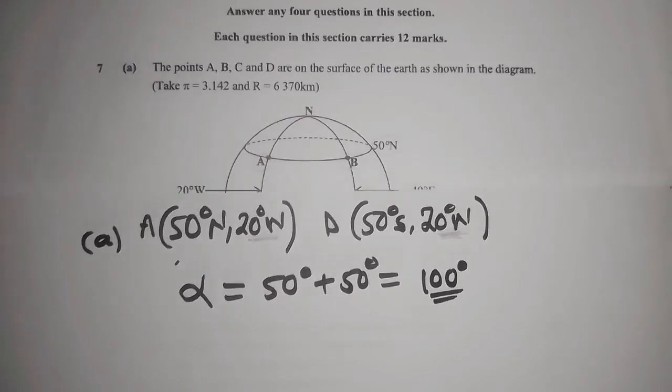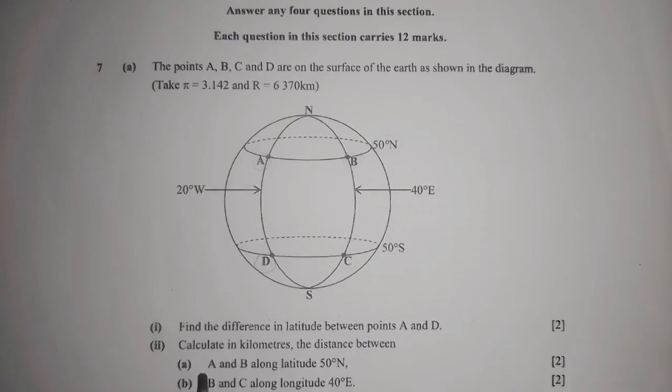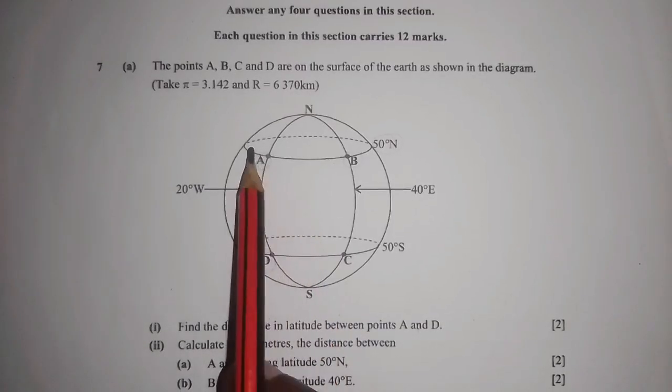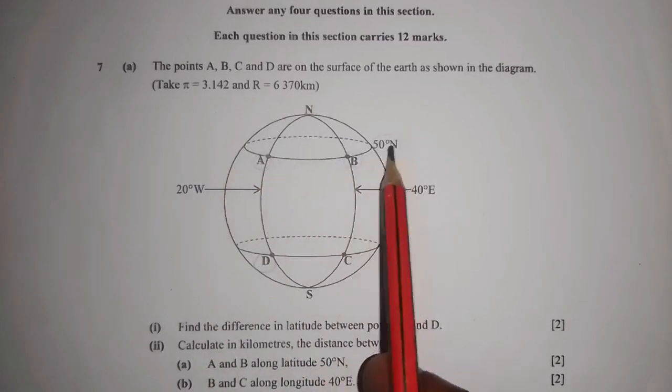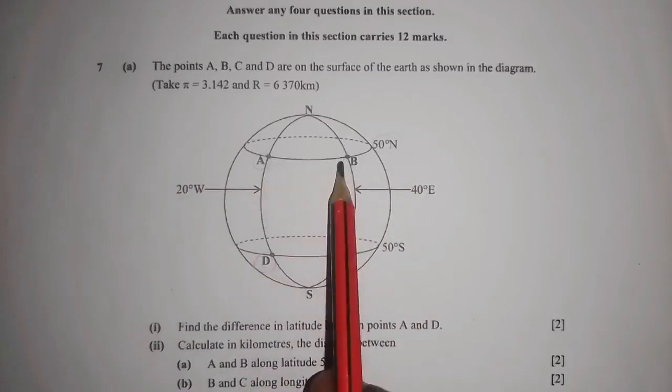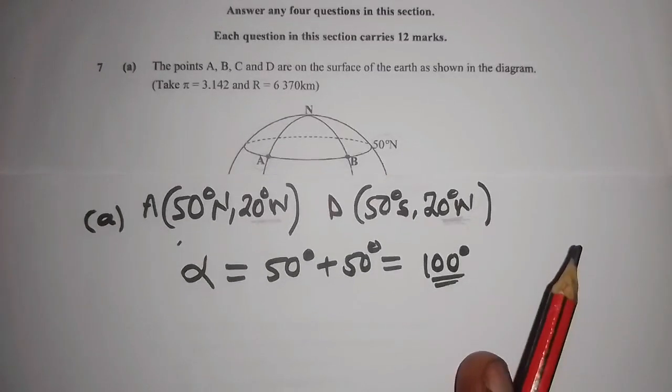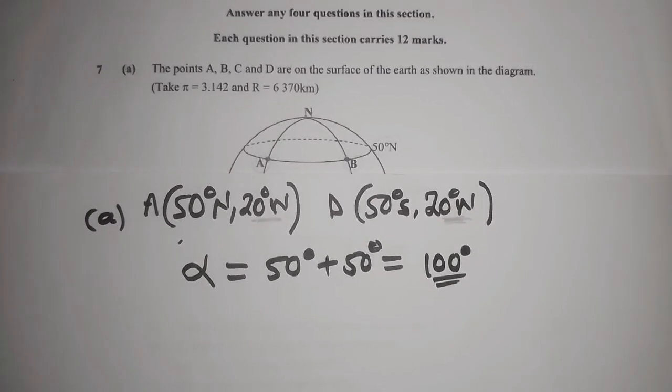And then we move on. Calculate in kilometers the distance between A and B. So the distance in the same latitude. You follow the same procedure and collect the points.